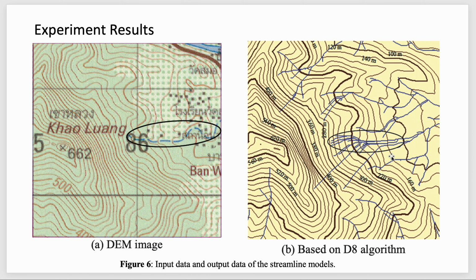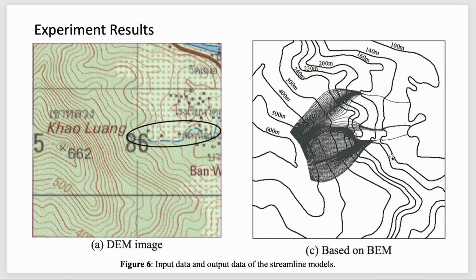This figure shows the comparison of the source DEM data with the one based on the D8 algorithm. As you can see, the streamline view shown in the right figure is generated by using the D8 algorithm. And we compare it with the one based on BEM, by using the contour line and vector form data.